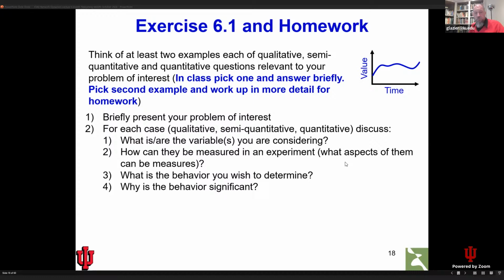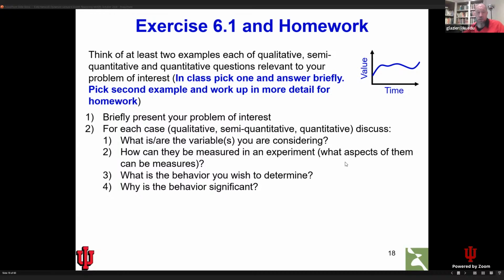We could ask about this. I'm actually confused about the semi-quantitative. What does it mean? A semi-quantitative question is asking about the direction in which things move. Yeah. Okay.